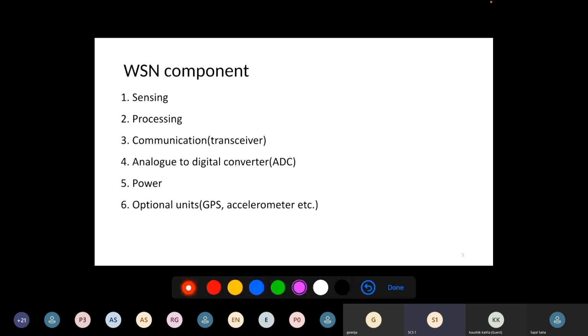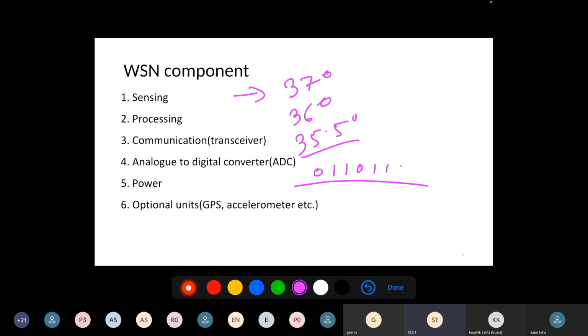Why? Because I am sensing data in analog form, 37 degrees, 36 degrees, 35.5 degrees, like this. These are the analog data I am getting. I need to convert it into the form of 0110110, because ultimately it will go as a stream of binary bits, right?